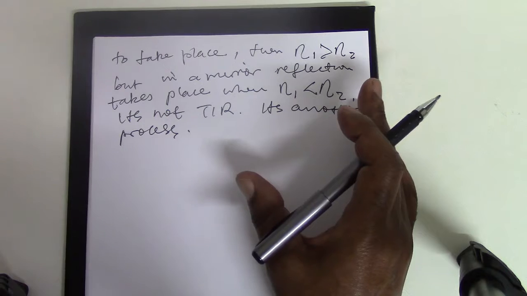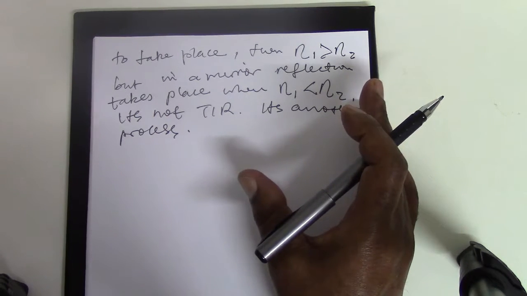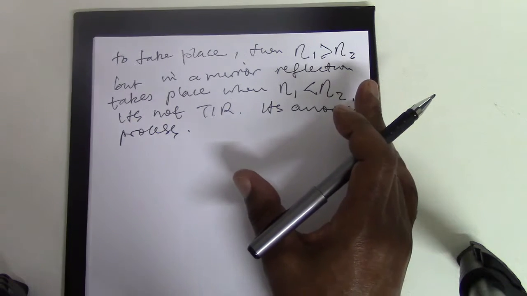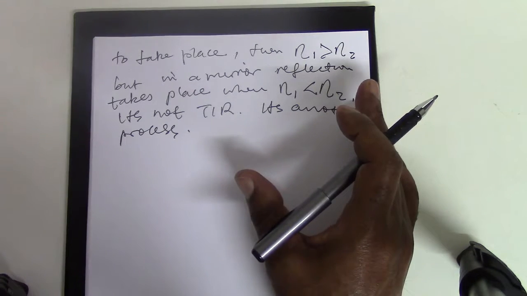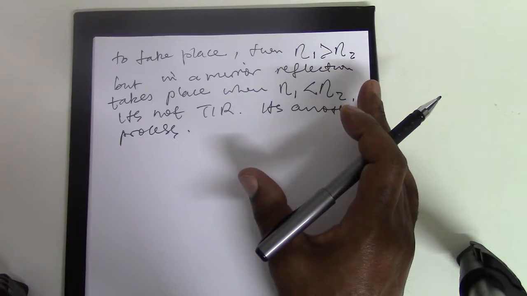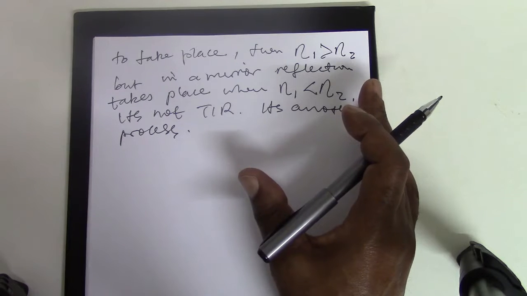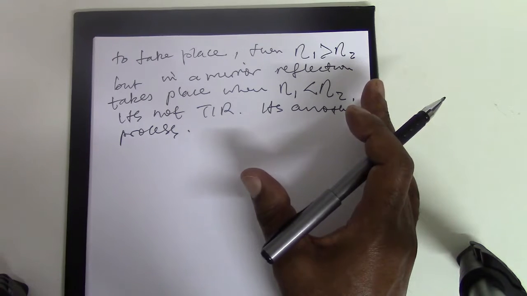Now in this case we have a transparent medium and a solid material at the back of the mirror. So we move from lower to higher optical density, and the process is different in this case because the two media are also not both transparent materials. So it's not total internal reflection in the sense we have just studied, but still it's a complete total reflection taking place.